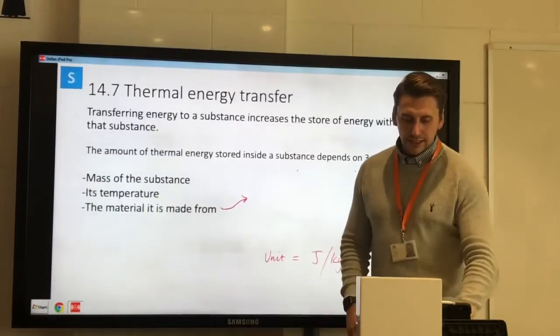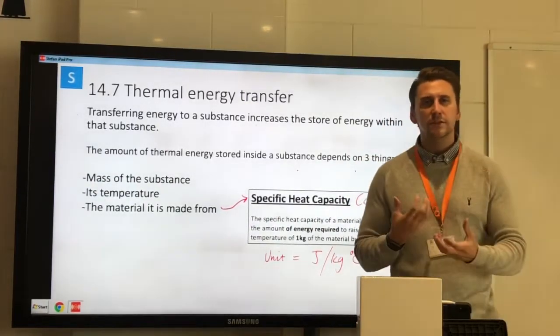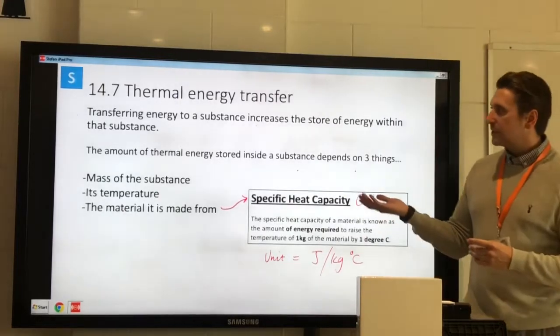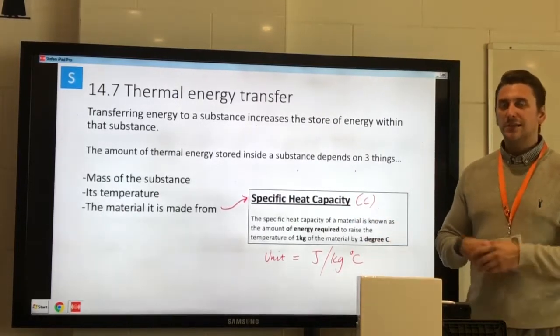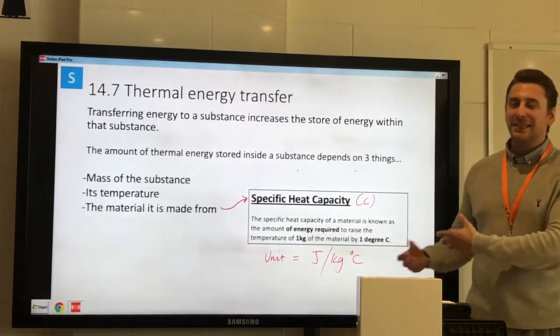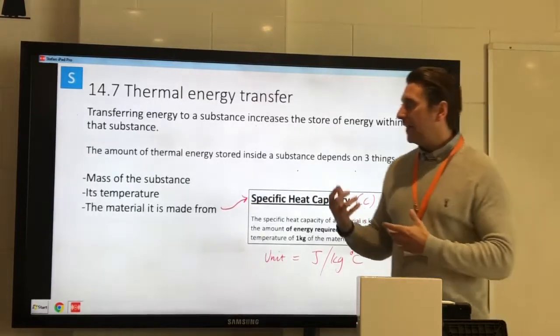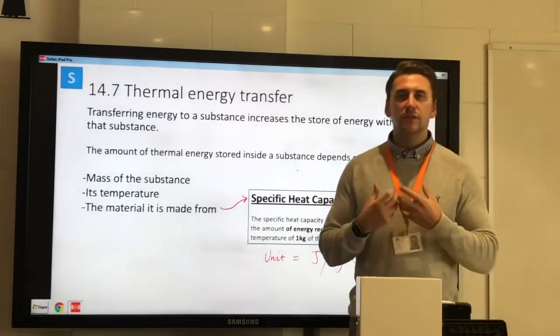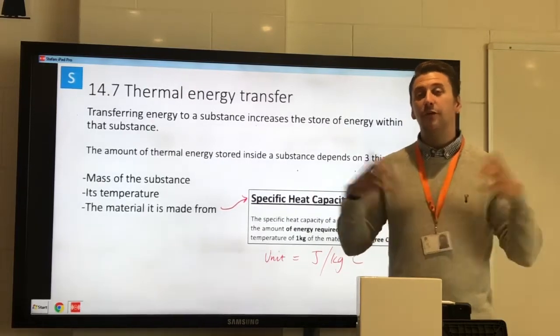Now what we're going to look at next is we're going to introduce a new definition, a new property of different substances and materials. This property is specifically known as specific heat capacity. The symbol is C, small c for capacity. And this introduction of this new definition is about the transfer of thermal energy to a substance or from a substance.